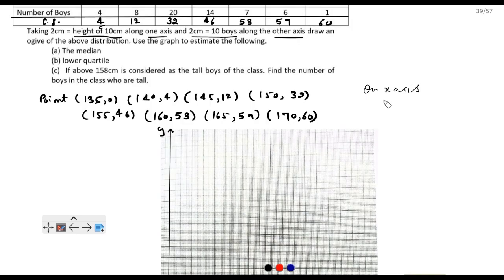On x-axis 2 centimeter is equal to height 10 centimeter, and on y-axis 2 centimeter is equal to 10 boys.